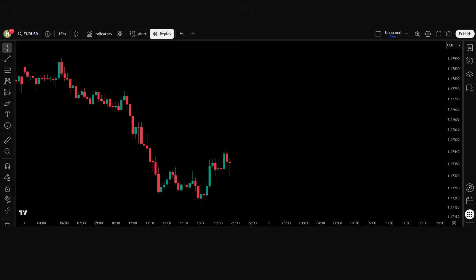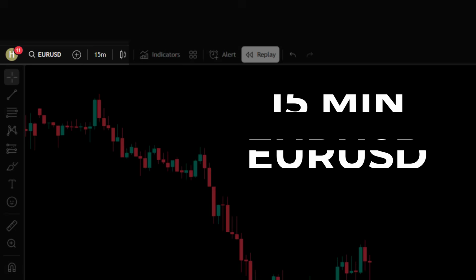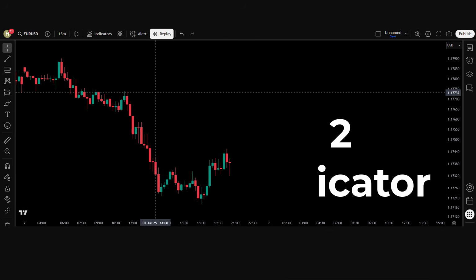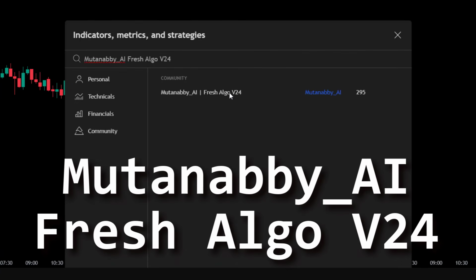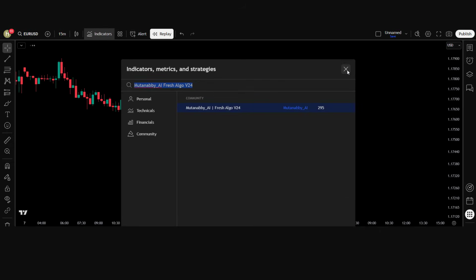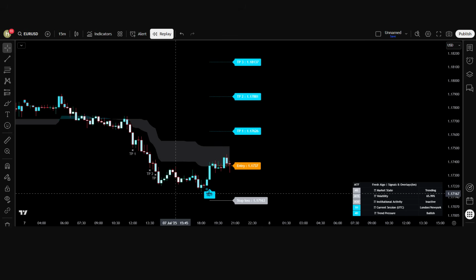Let's get started. We are going to test this strategy on the 15-minute time frame in the EUR/USD chart. In this setup we would require two indicators. First indicator name is AI Algo V24. Keep the indicator settings as I have shown here.